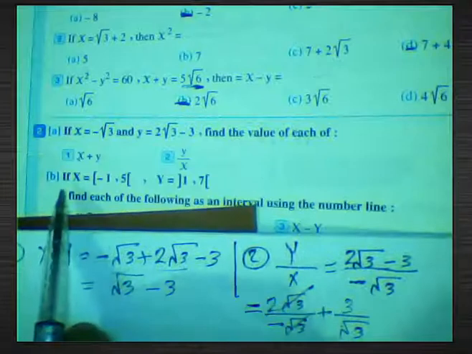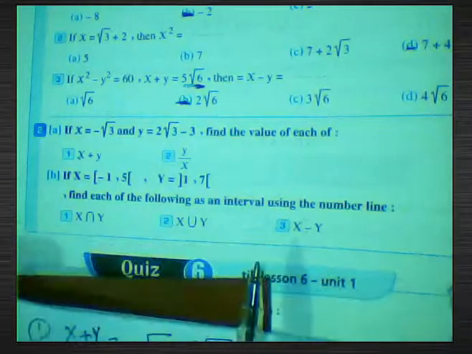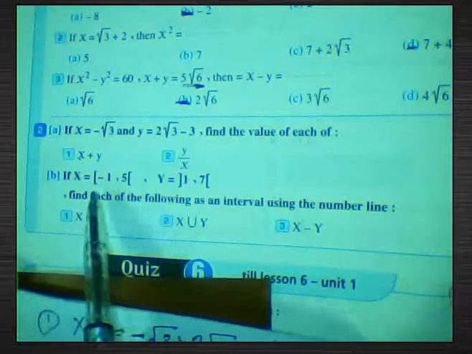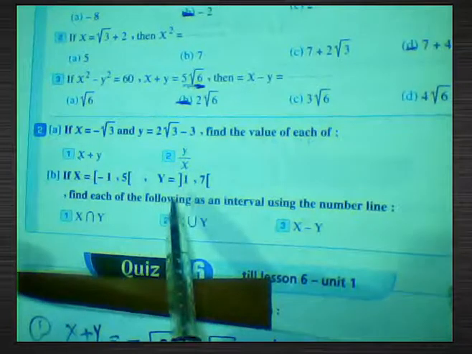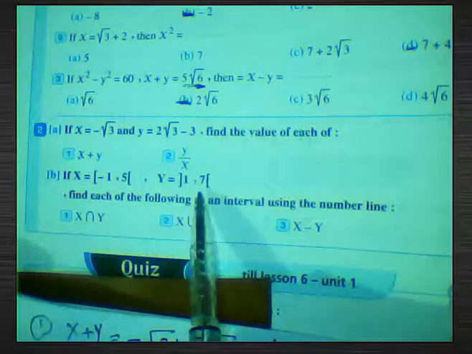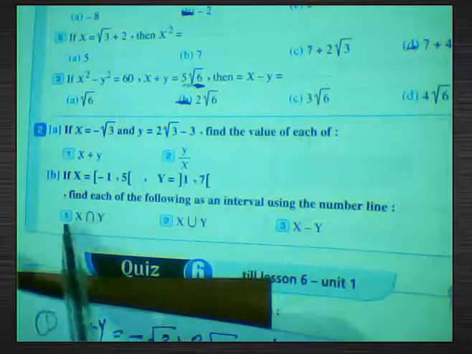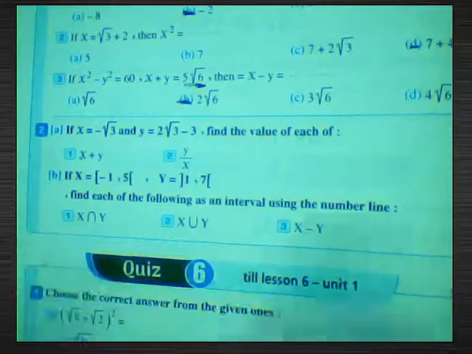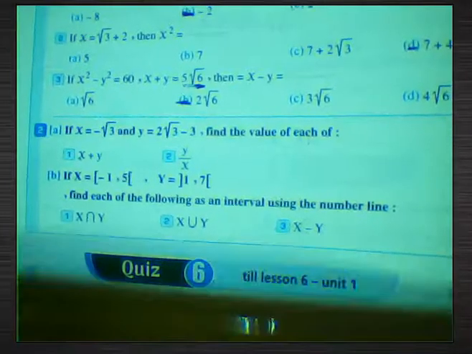Question number B. He talks about interval x equal open interval or half open interval from negative 1 to 5 and y from 1 and 7. It's the open interval. Find intersection and union and the difference between x and y. First we must draw a number line.